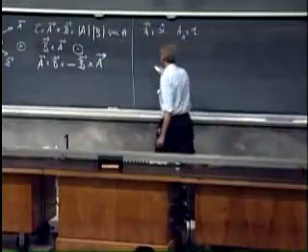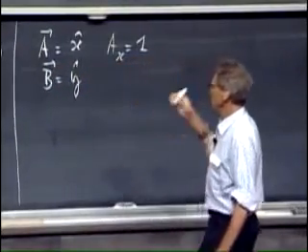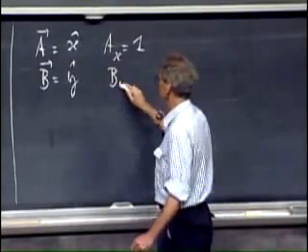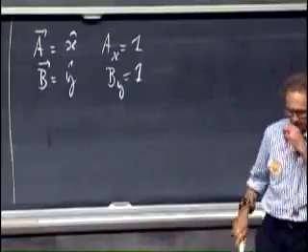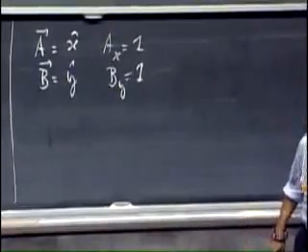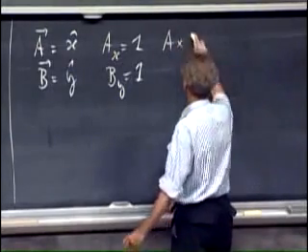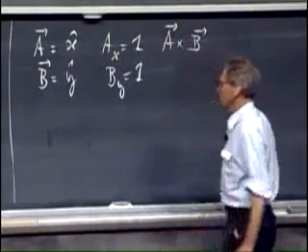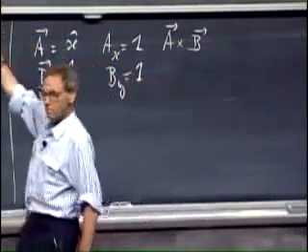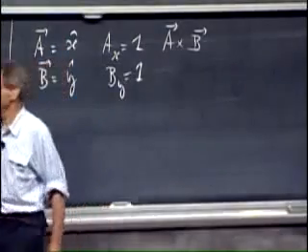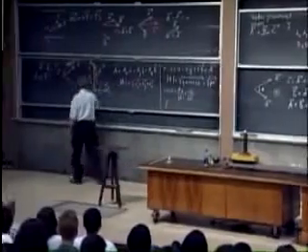And suppose B is y roof. That means B of y is 1, and B of x is 0, and B of z is 0. What now is the cross product A cross B? Well, you can apply that recipe, but it's much easier to go to the x, y, z axis that we have here.